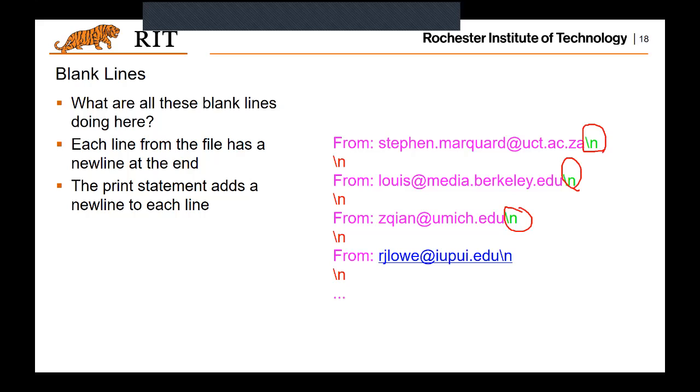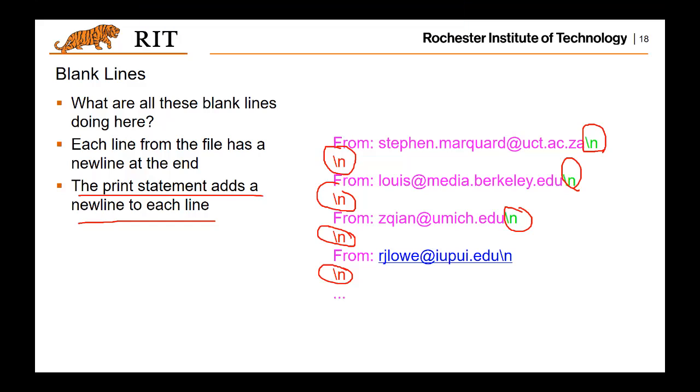Also, the print statement will add a new line to each line. Also, these blank lines will have the new line character as well. But in many processes, we do not want to have such a new line character. So what should we do with it?